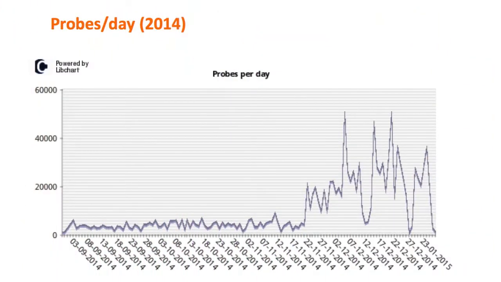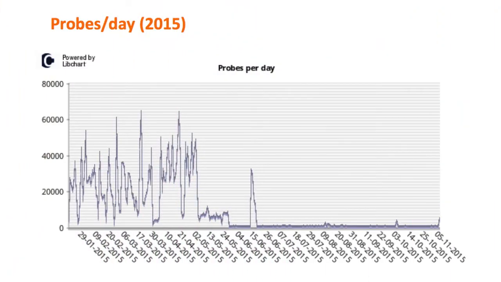But looking at what we saw, for some perspective, I threw up this graph of the probes per day, and we saw an increase in probing late in the year in 2014, and that continued over into the beginning of 2015. And we saw a lot of activity in the first few months of the year.